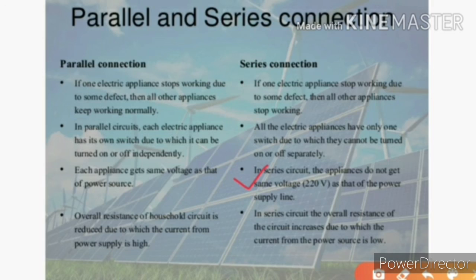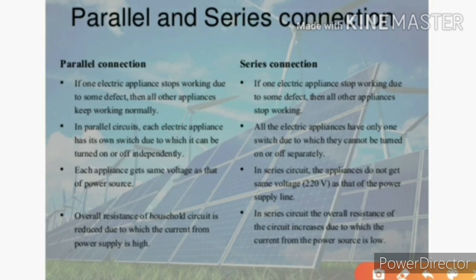Now the overall resistance of a household circuit is reduced in a parallel combination, due to which the current from the power supply is high.